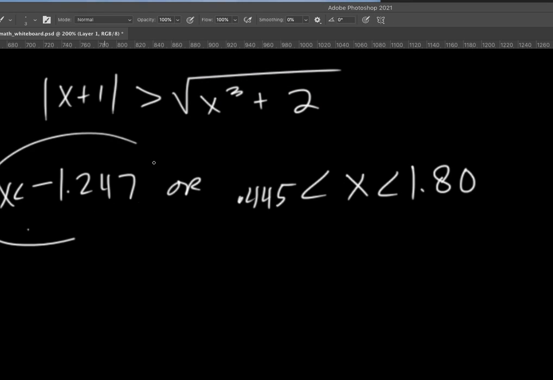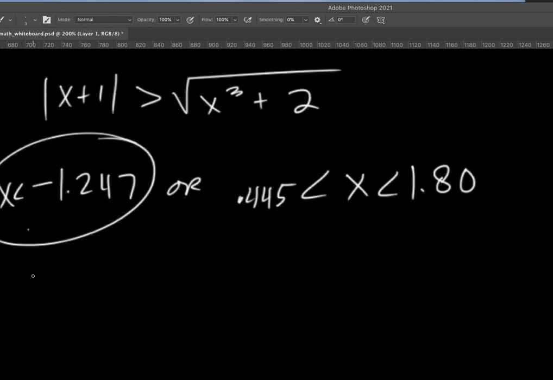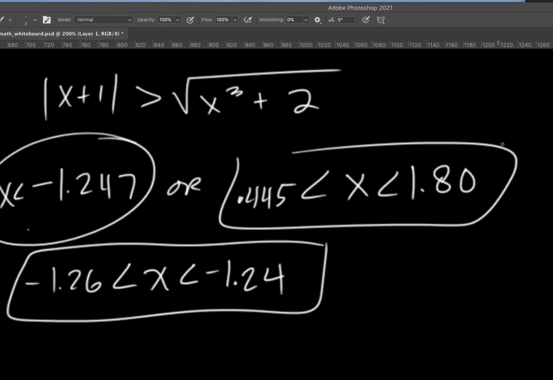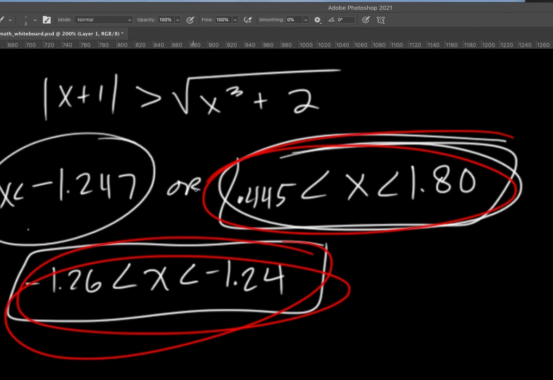And so this one I'm going to change to negative 1.26 is less than x is less than negative 1.24. So the final answer are the ones in red, because the function stopped.